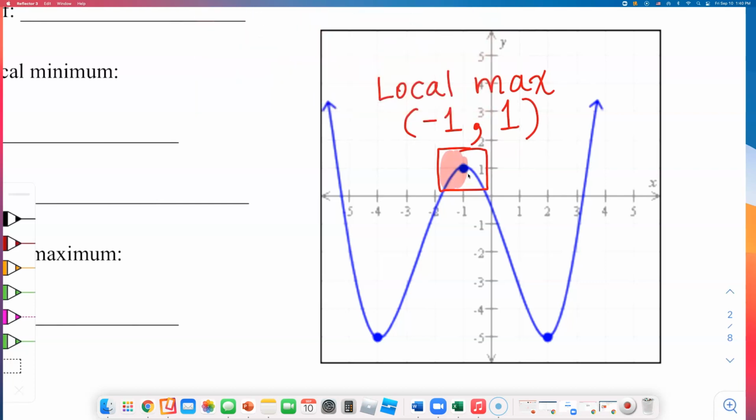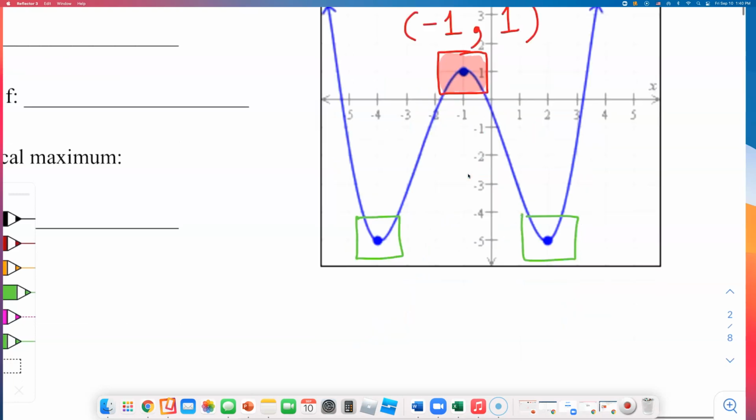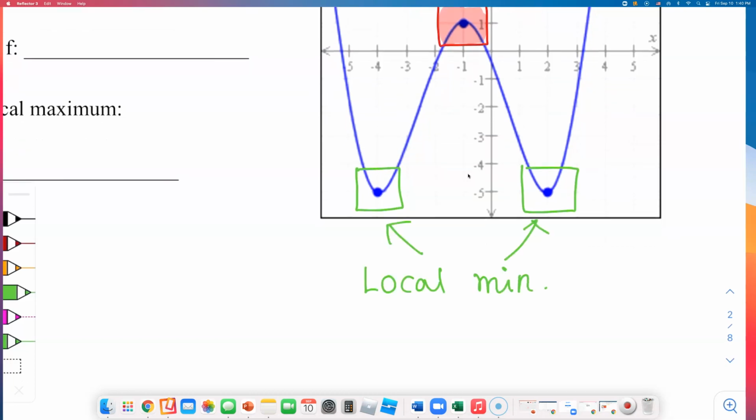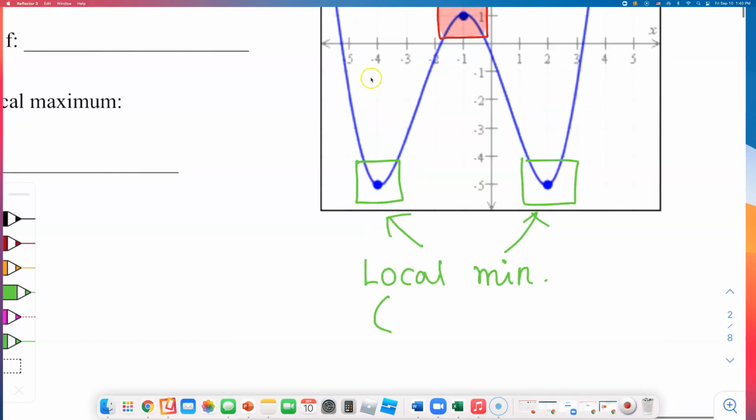And how many local min do we have? We have a local minimum down here, and we have another local minimum down there. Okay, so I'll say these are local minima. And I'm going to write down their ordered pair too. The point on the left, we went 4 to the left, down 5.